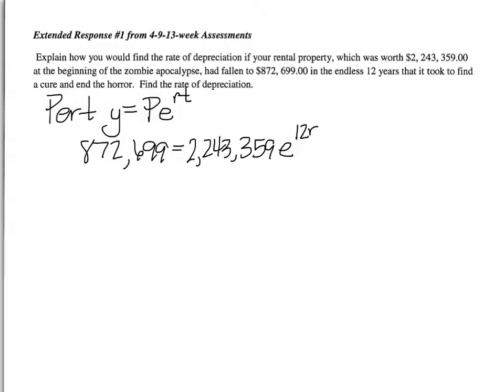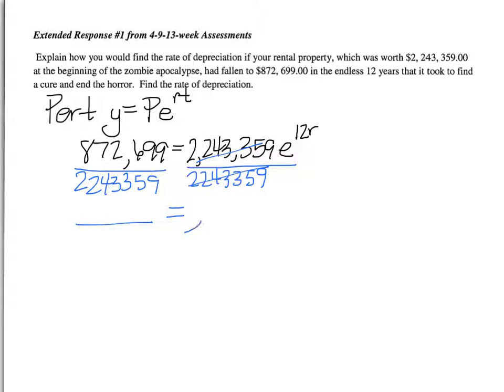The very first thing you need to do is to divide both sides by 2,243,359. That cancels it out right here. So you get this fraction equal to e raised to the 12r. Well, how do you get any variable?